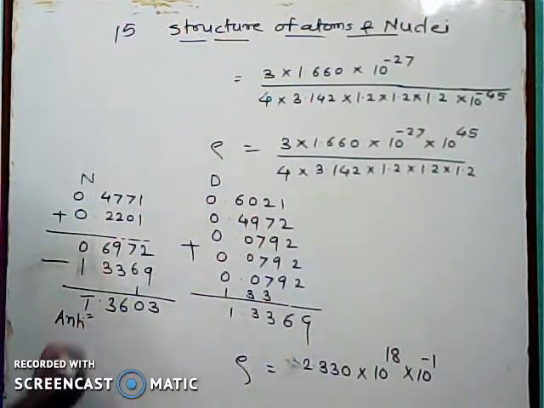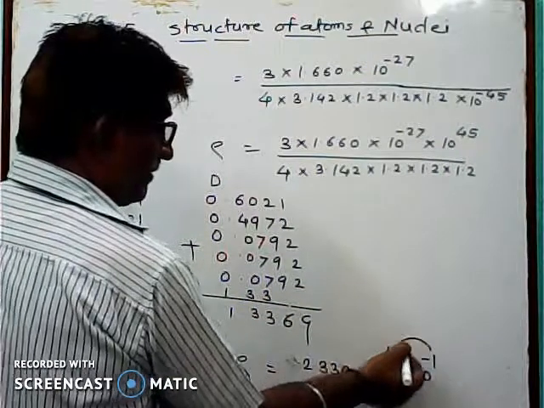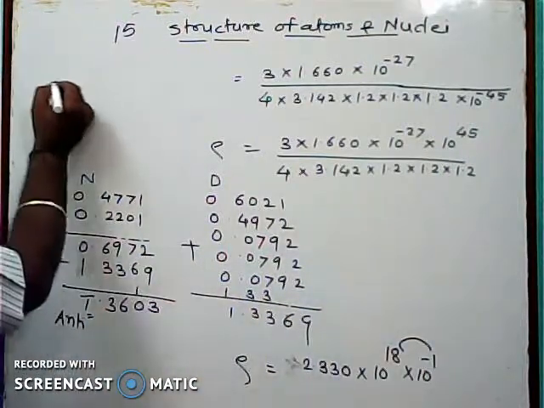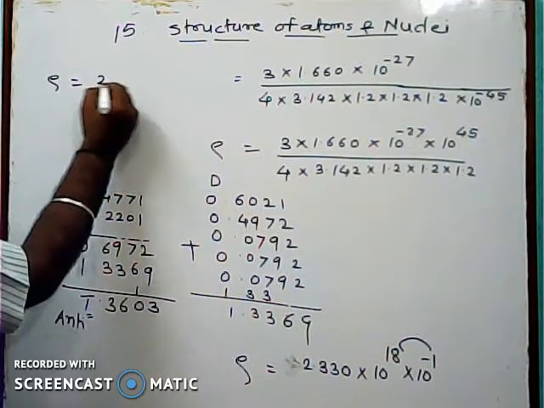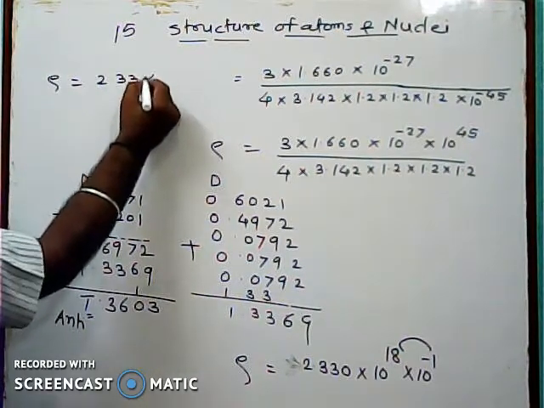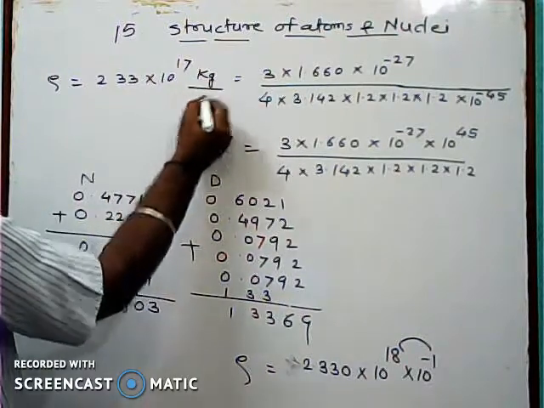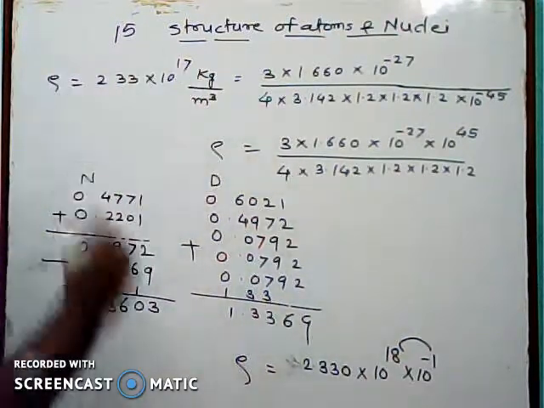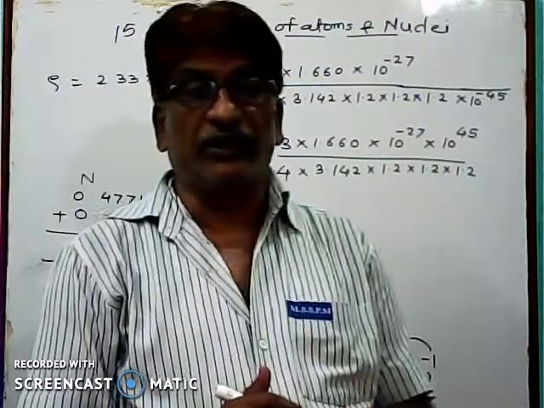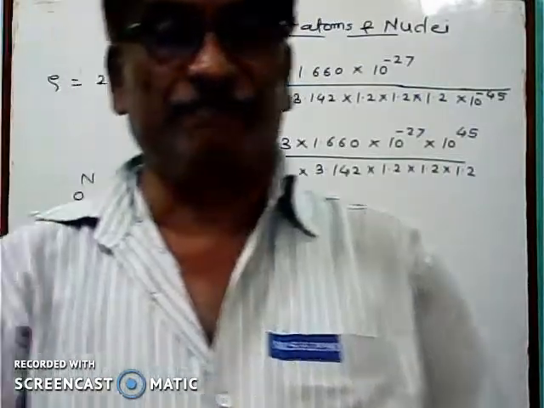Here minus 1 is there. If we subtract, rho is equal to 2.33 into 10 to the power 17 kilogram per meter cube, or kilogram meter raised to minus 3.